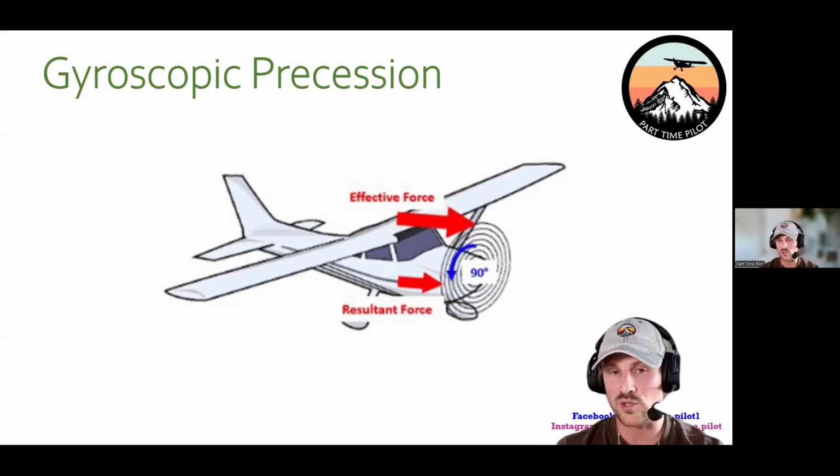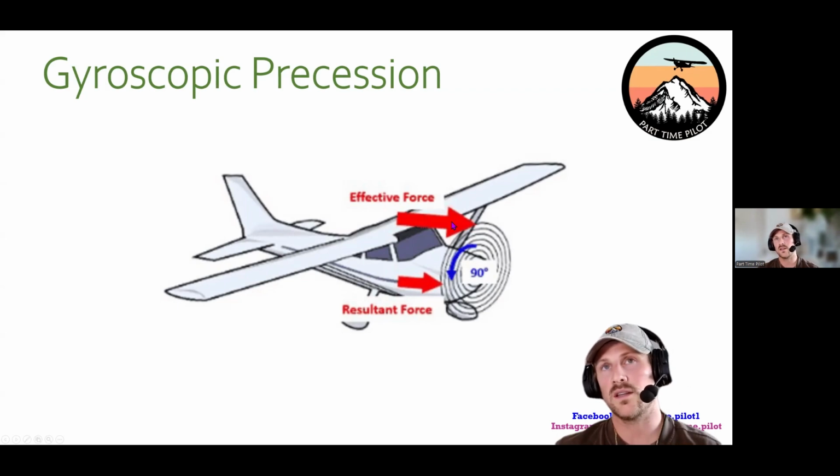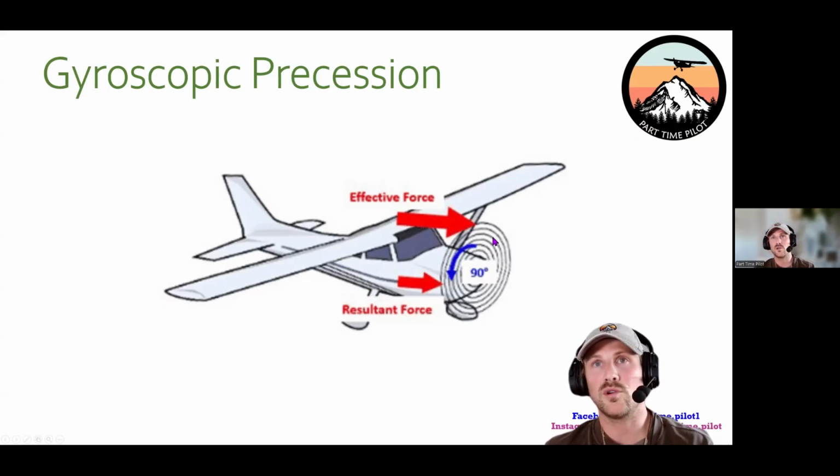So I think the visual will really help on this one, but basically if we pitch up or down, so if we pitch down, we're essentially adding an inertial force to the top of our spinning propeller, which is kind of acting like a gyro. So our resultant force is 90 degrees ahead of rotation.